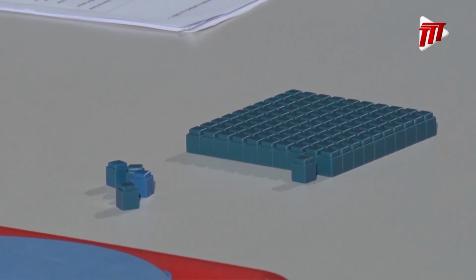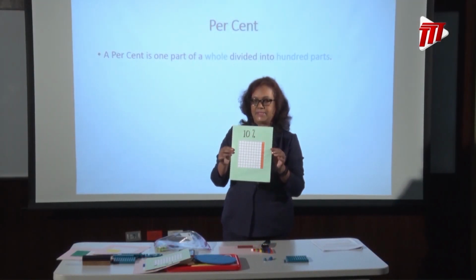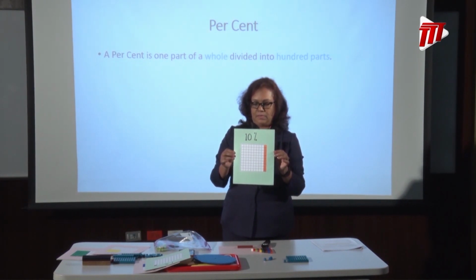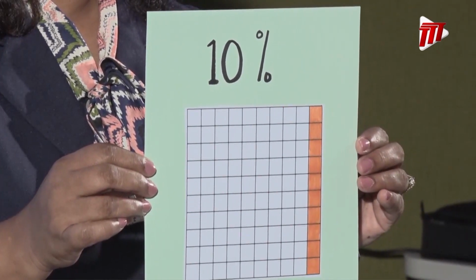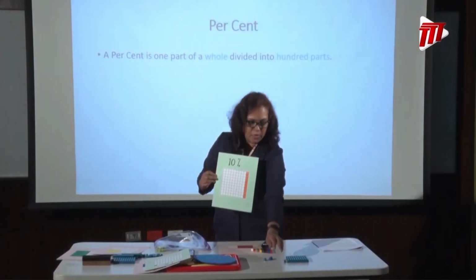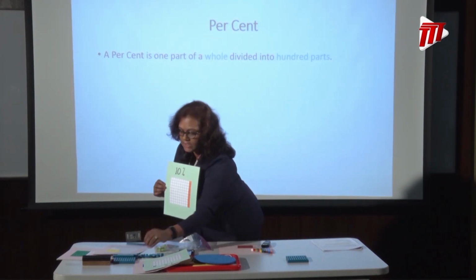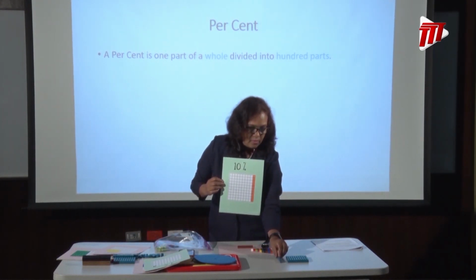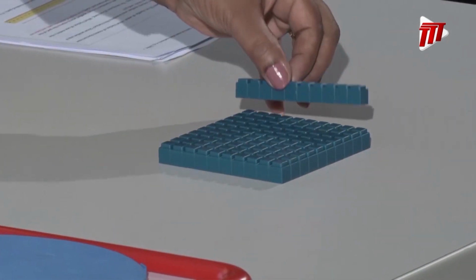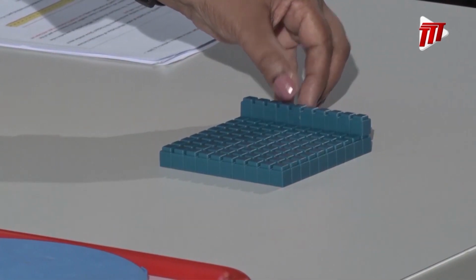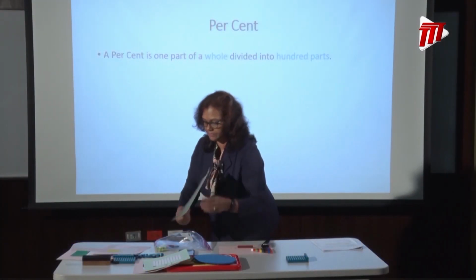1% is also represented on the flat with 1 unit. I can also represent other percents. What about 10%? So 10 out of 100 could be represented on the grid. I could also represent 10 out of the 100 using 1 rod. So this rod is 1/10 of 100, or 10% of 100.